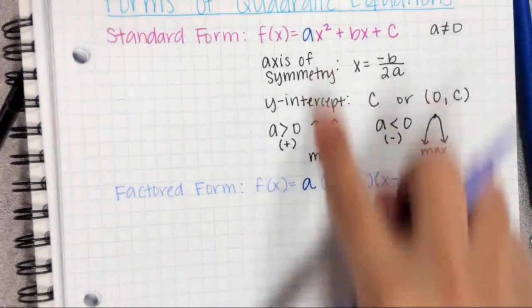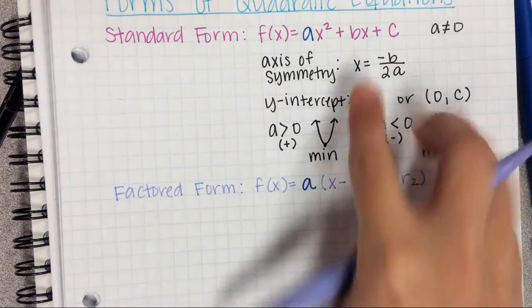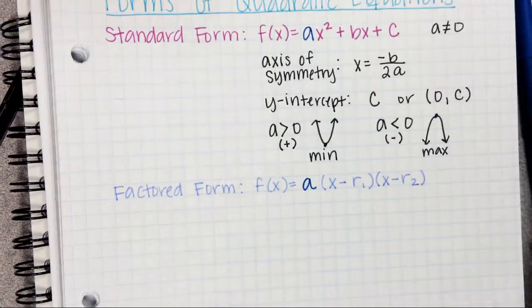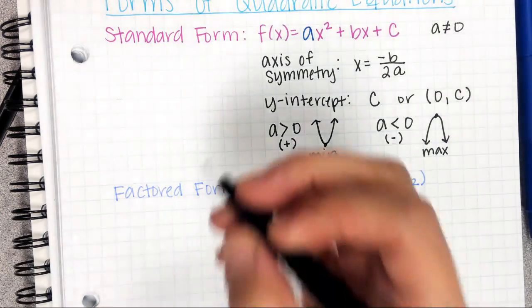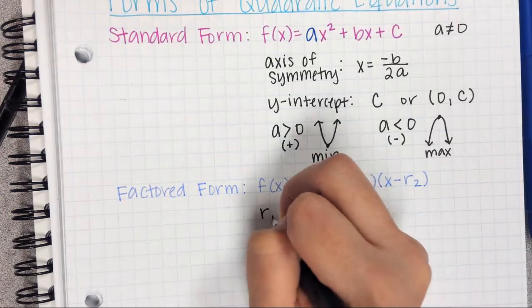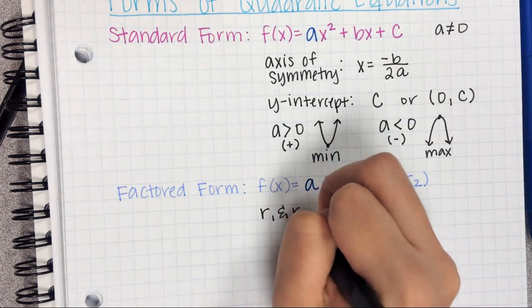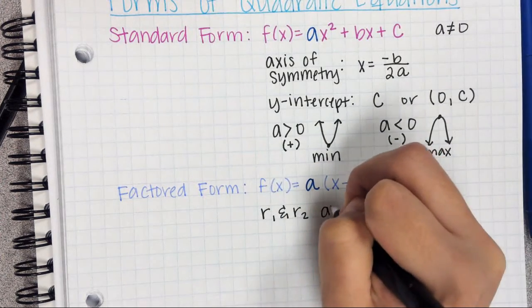So again, this a and this a are the same number. You're going from one form to the other. In this case, r1 and r2 are the roots of the parabola.